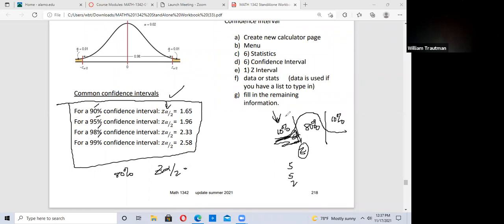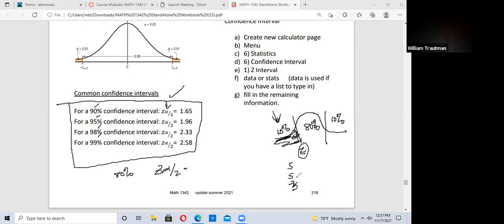So we put 0.10, except I think I typed in the wrong thing. I said 552, it's 553. The area is 0.10, 10%. There we go.